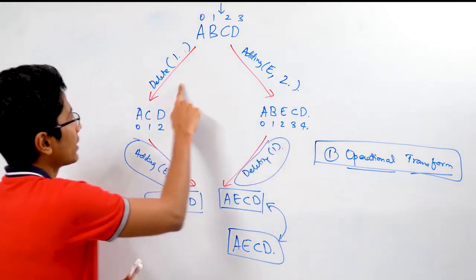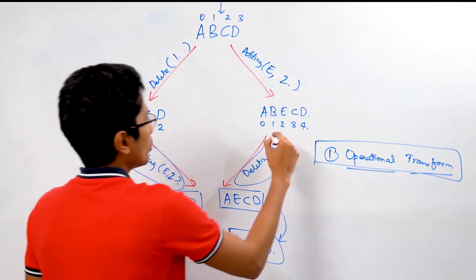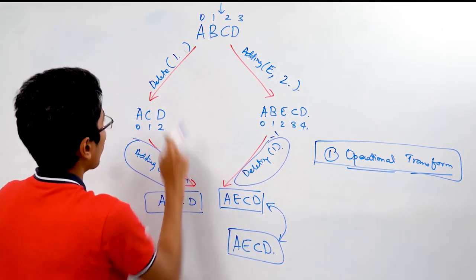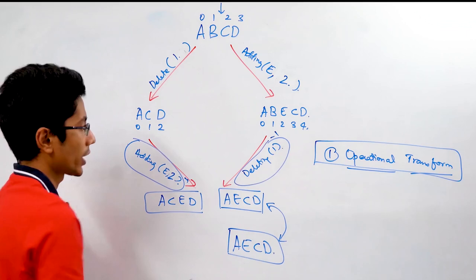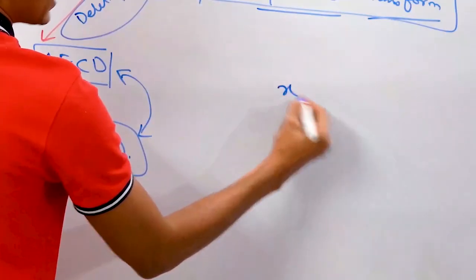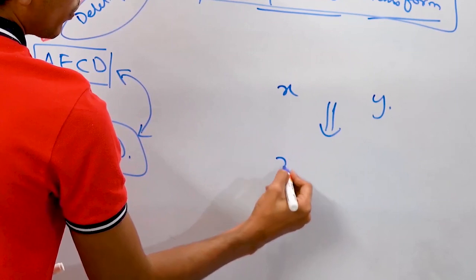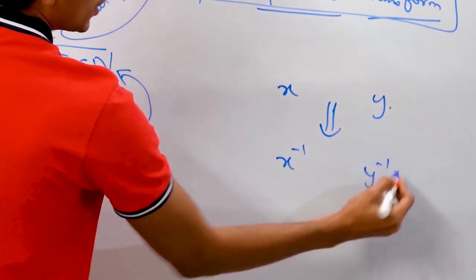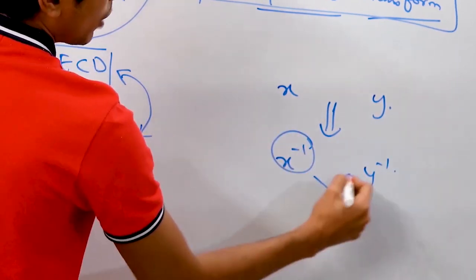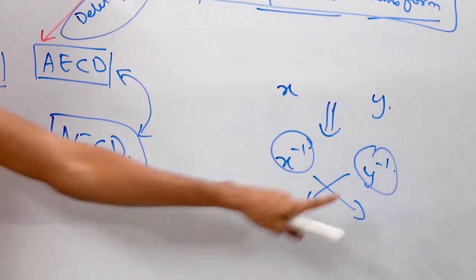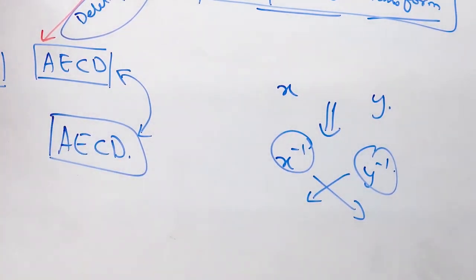So if you have operations X and Y, you need effectively the operations X inverse and Y inverse to be applied on the opposing documents, right? Once you have them applied, then you'll get the same copy.